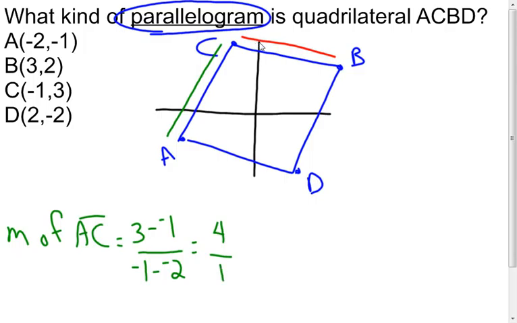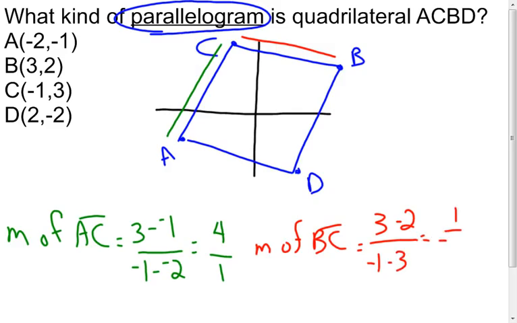Now I'll go to my slope of segment BC, and if I'm going to have a right angle at angle C, the slope of this segment is going to have to be negative 1/4. Well, I'm going to have to check it out. Take 3 minus 2, those are my y values, and then take negative 1 minus 3. And I end up with 1 over negative 4. So yes, these two sides are perpendicular.